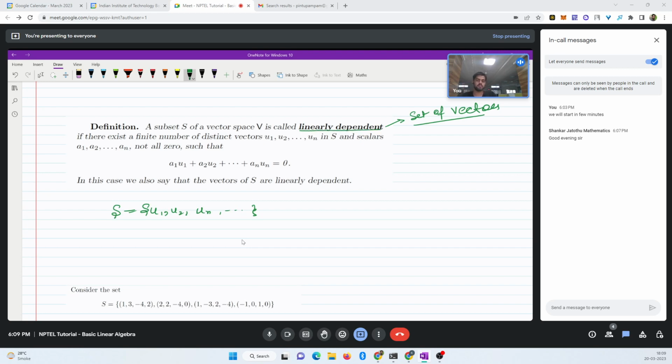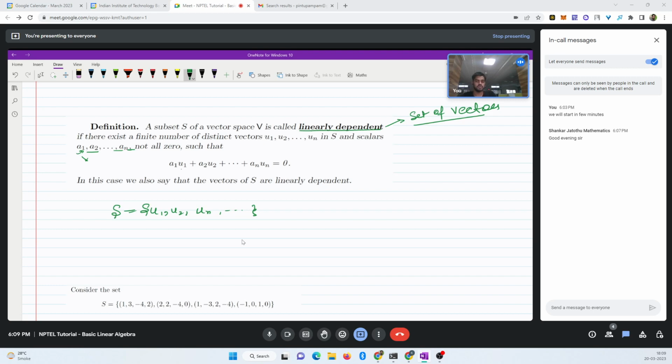You call them linearly dependent if you have scalars a1, a2, a3, ..., an such that not all of them are zero. Some of them can be zero, but at least one of the ai's should be non-zero.